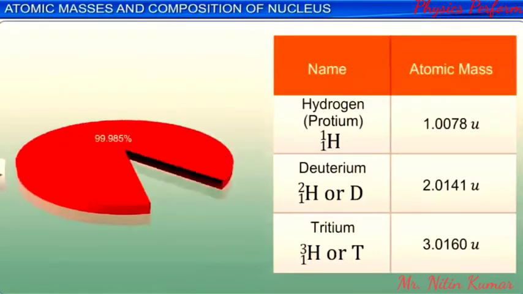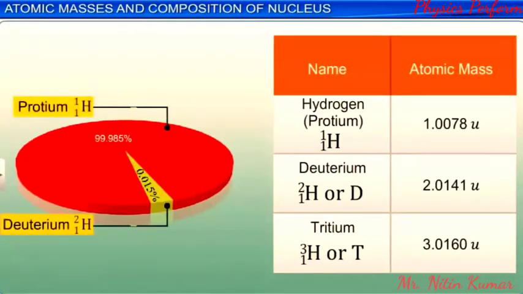Among the various isotopes of a given element, some may be more abundant than others. The percentage of a particular isotope of an element found in nature is known as its relative abundance. Practically, every element consists of a mixture of isotopes.